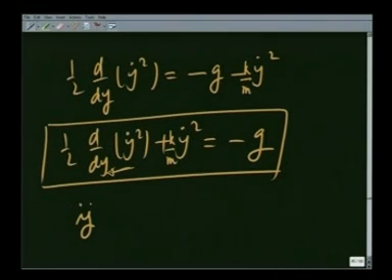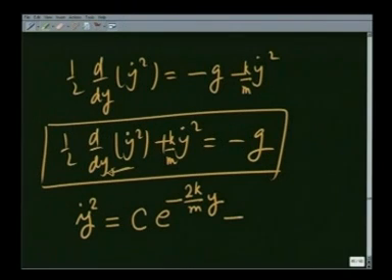Y dot square is going to be of the form c e raised to minus 2 k over m y minus m g over k.